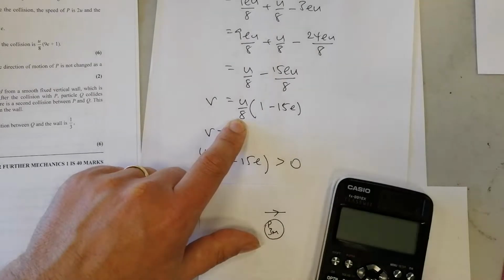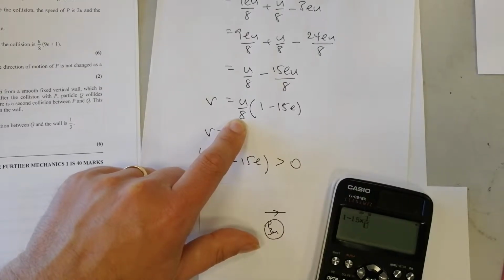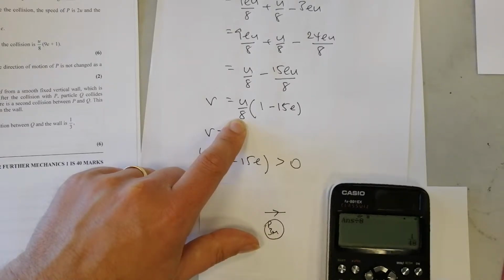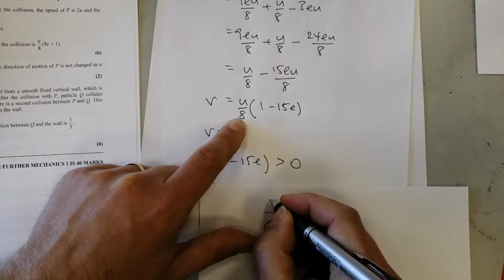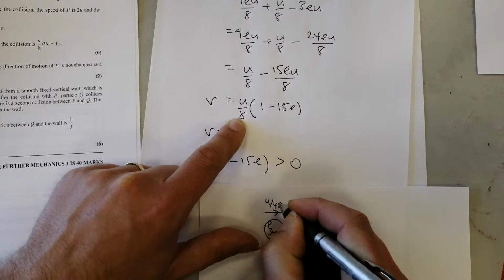So if we stick 1/8 into that, we've got 1 minus 15 times 1/8, divided by 8, which gives us 1/48. So that's going u over 48.